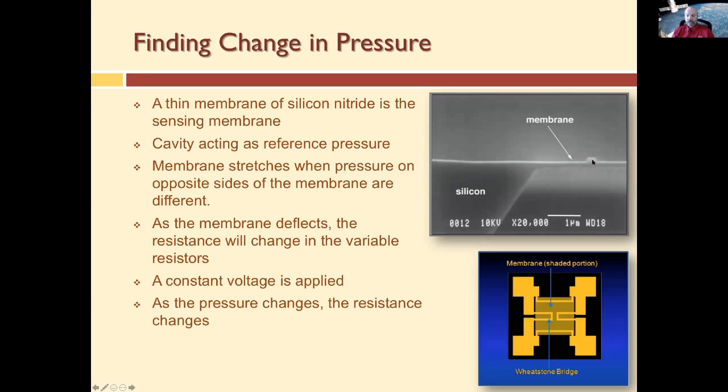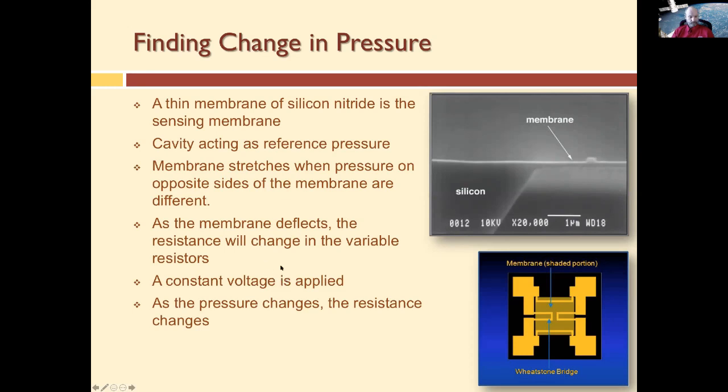This is your variable resistor, for example. Okay, you have a cavity underneath, right? So usually this cavity is sealed. So it's usually around atmospheric pressure or sea level pressure. And then that way, if you have a change in pressure on top, if it gets higher than what's in the cavity, it'll go down. If it gets less, it'll go up.